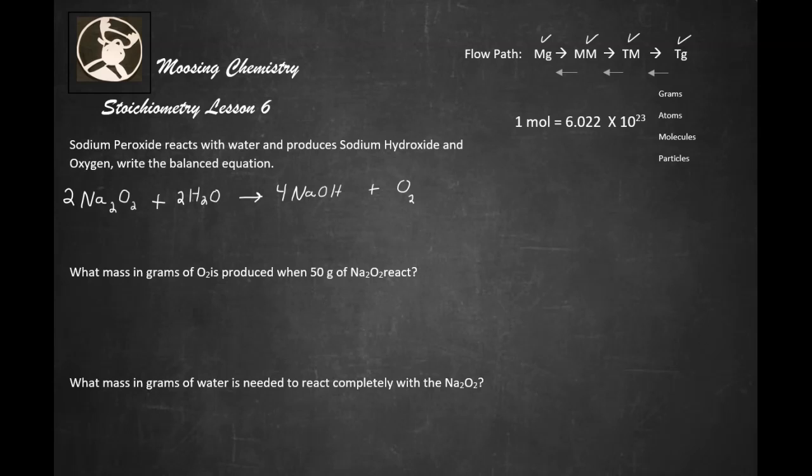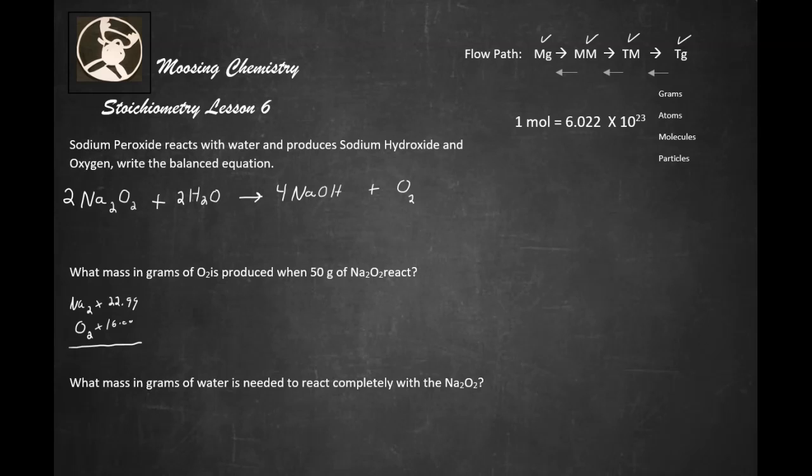Before we do, we need to know the molar mass of Na2O2 because we need to know this. So this is going to be 22.99, and the O2, of course, is going to be 16.00. And so what we need to do is go ahead and figure out that mass.